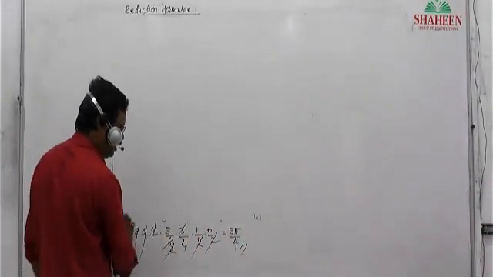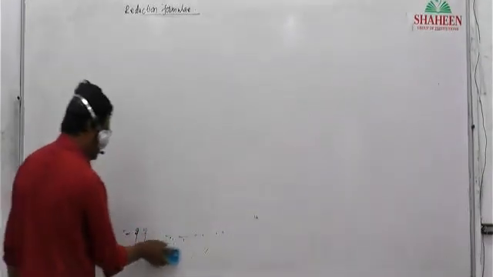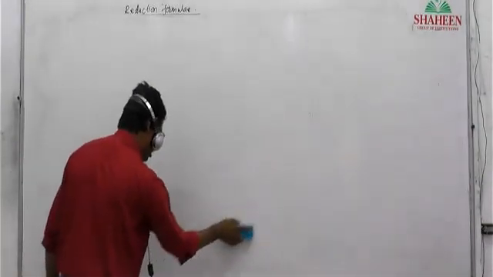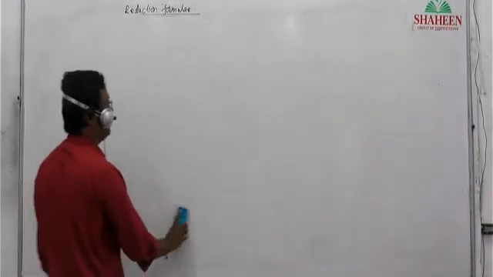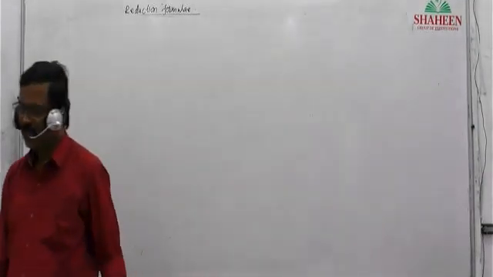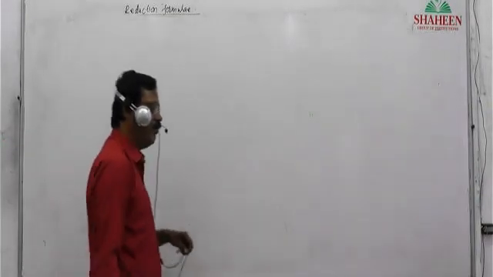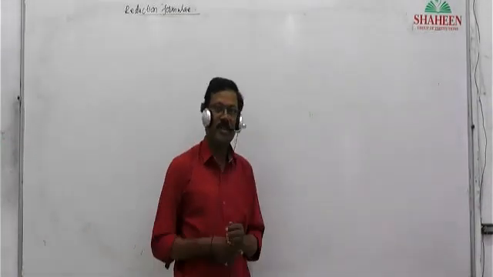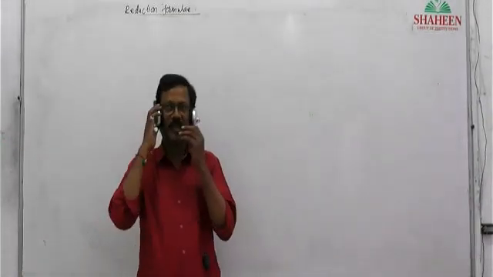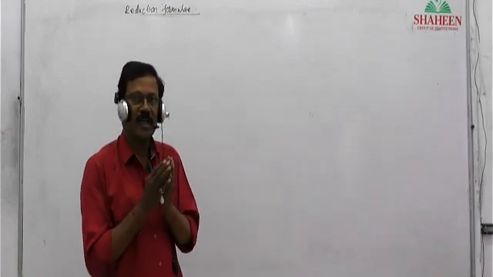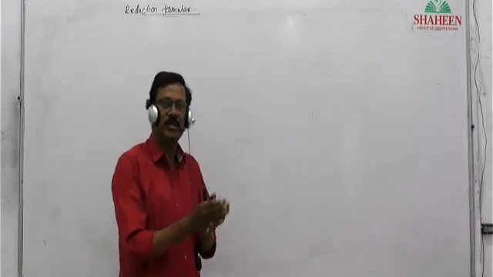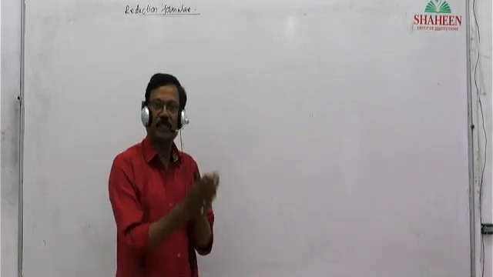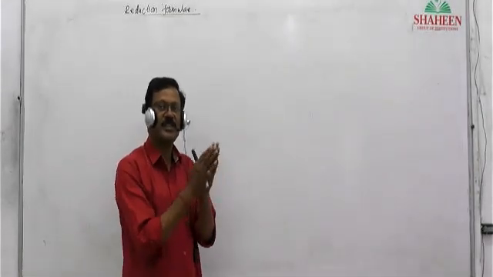Now, these are very simple problems. This reduction formula is very simple, right? If they give any problem, we can solve it easily. But these limits are very, very important. You have to remember: for limits 0 to pi by 2, sine power n and cos power n, both answers are the same.